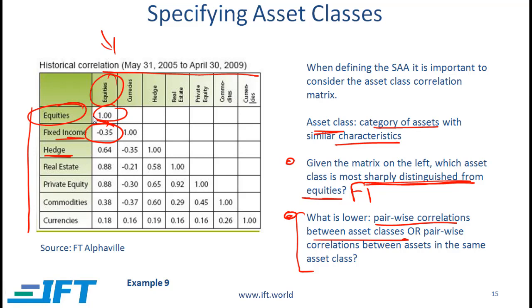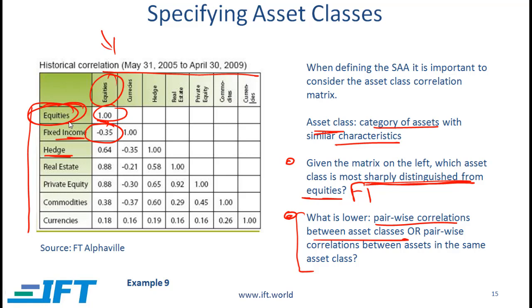So the correlations between asset classes should be low relative to the correlation of assets within an asset class. Different stocks would fall within the equities asset class, and generally the correlation between stocks is going to be relatively high, again compared to the correlation across asset classes.